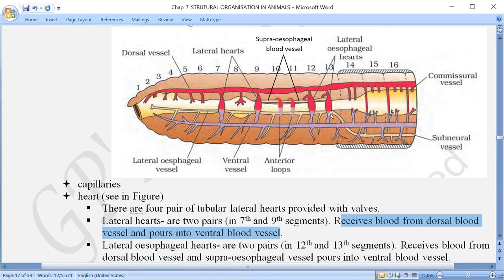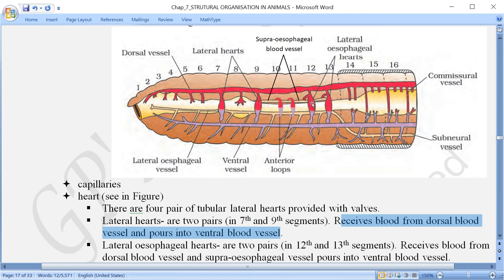Means these are also in pair. और इनका काम क्या है, they receive the blood from again over here dorsal से, यहाँ पर भी है dorsal blood vessel से उन्होंने blood collect किया and they pass it. ठीक है. Okay, one more thing, they receive from 2 vessels. One we had discussed over here also.